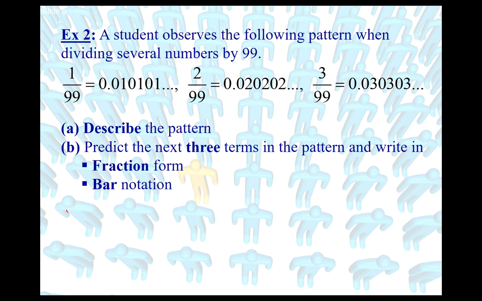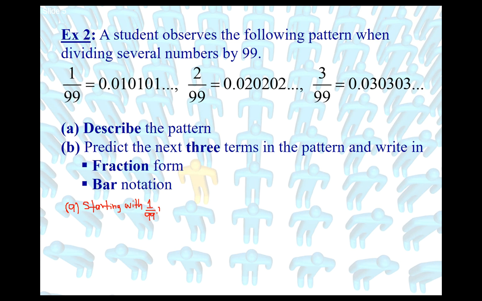So let's do this. Again, the way to describe a pattern is you say starting with the first term. So what's the first term? It's 1 over 99. In fact, the easiest way to describe this one would be to do it in terms of the fraction. So I'll say starting with 1 over 99. What are we doing to get to the next term?